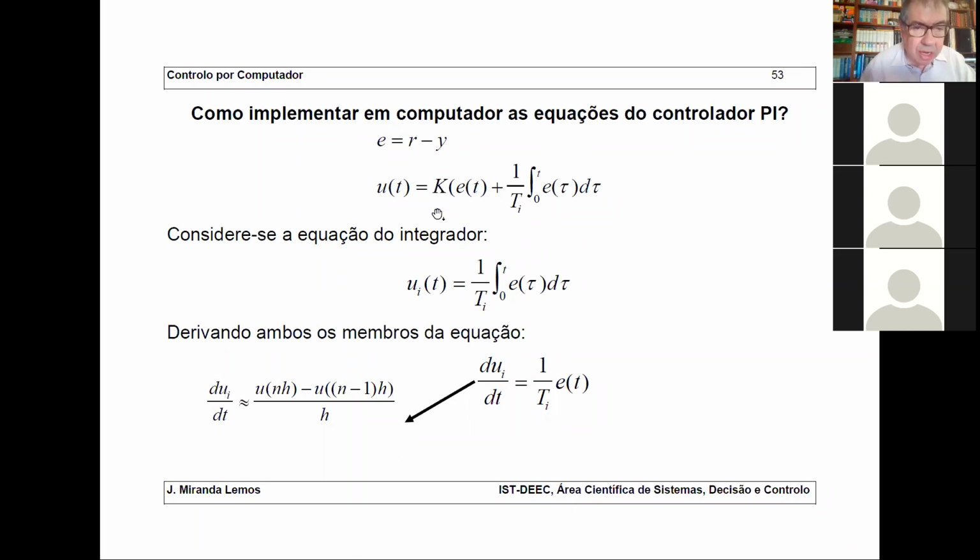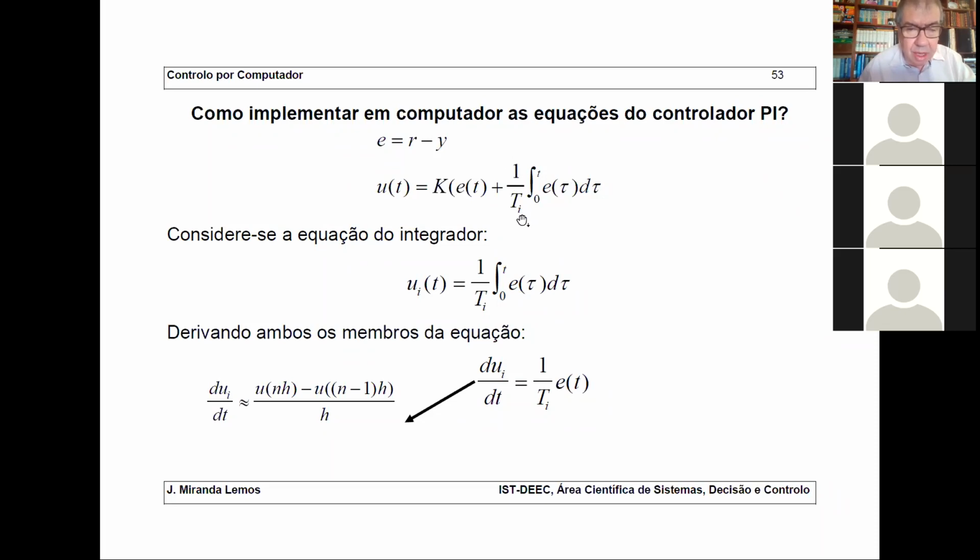So we have these equations. You compute the error, which is the difference between the reference and y. Of course, you know that this is the measure of y, but let's assume we have no sensor noise. And then you compute the manipulated variable u, or the control variable, as a gain K, the proportional gain, times the sum of the error and the integral of the error weighted by some weight.